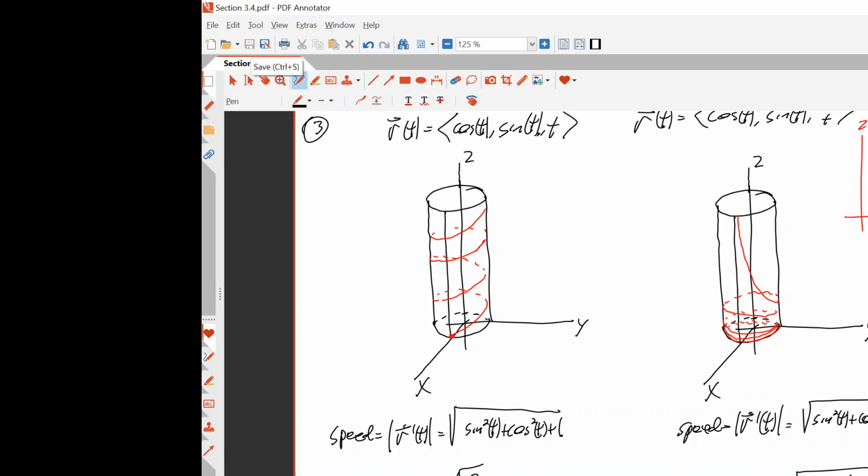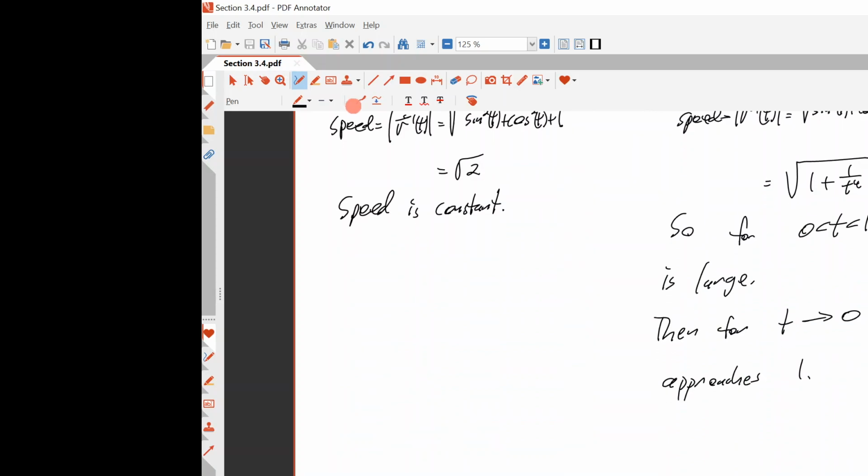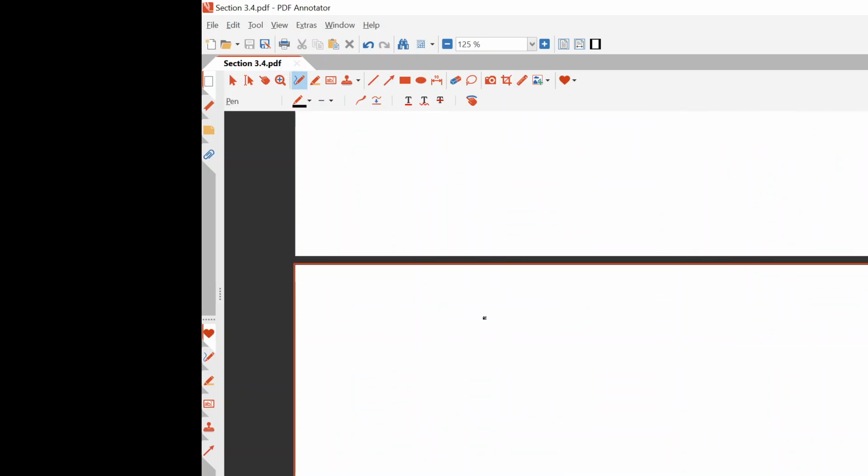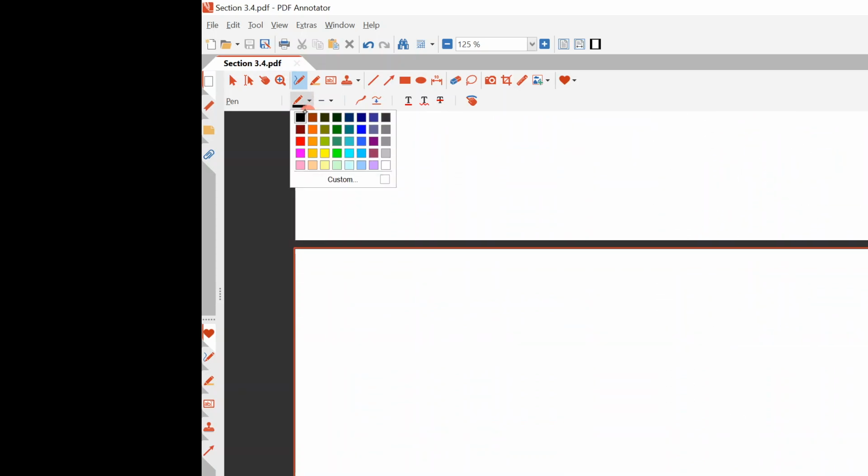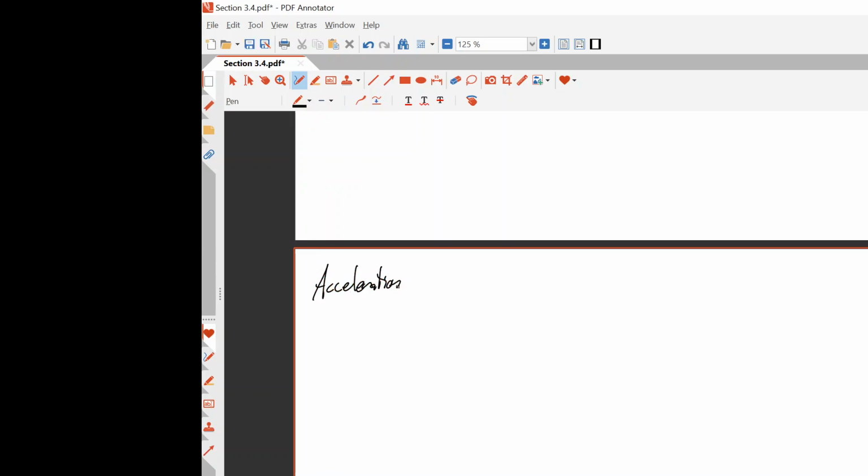So those are pretty interesting examples. One other interesting example that you could have is the following. Let's talk about acceleration a little bit, and Newton's second law.